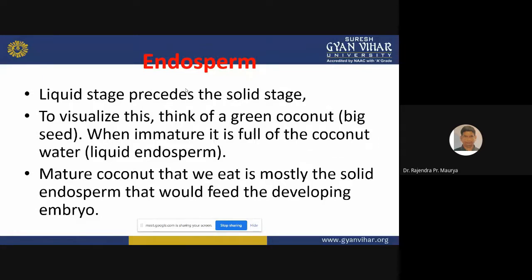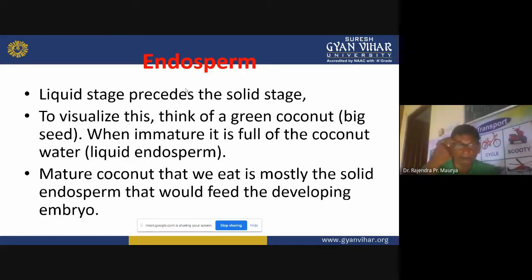To visualize this, think of a green coconut. A green coconut is a big seed. When immature, it is full of coconut water. So we can say the immature coconut is full of coconut water, that is liquid endosperm.